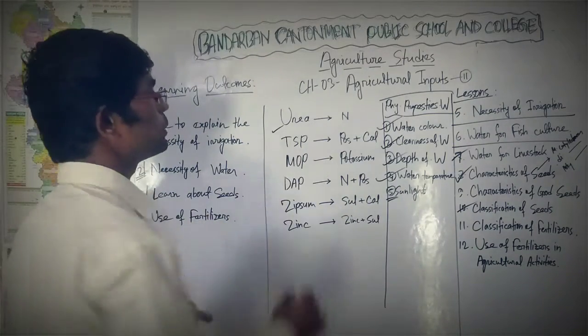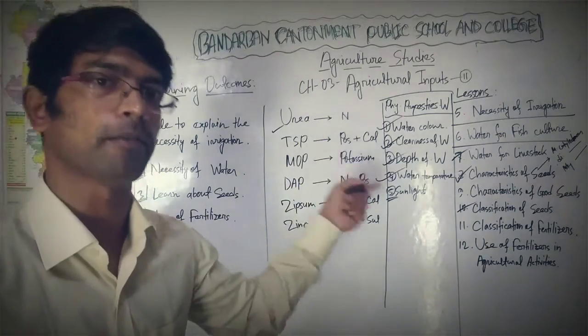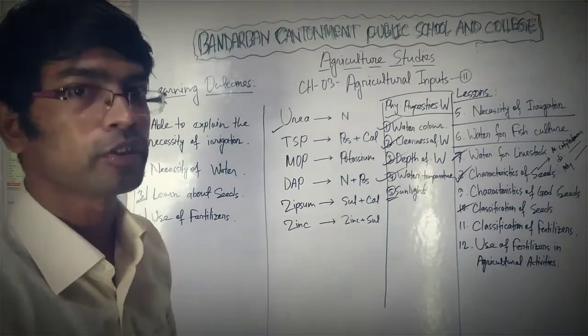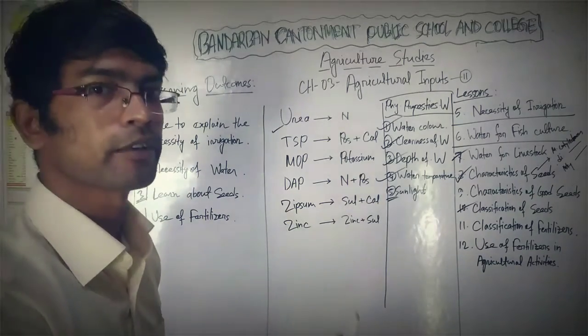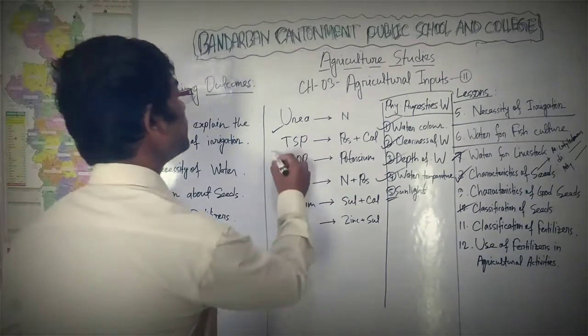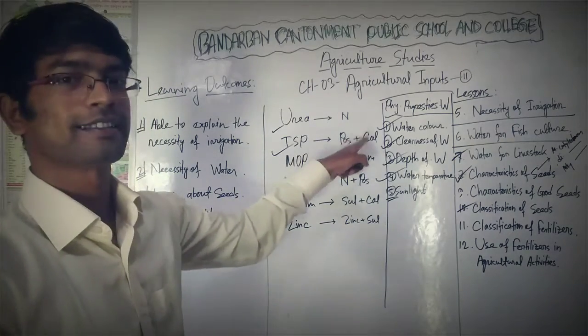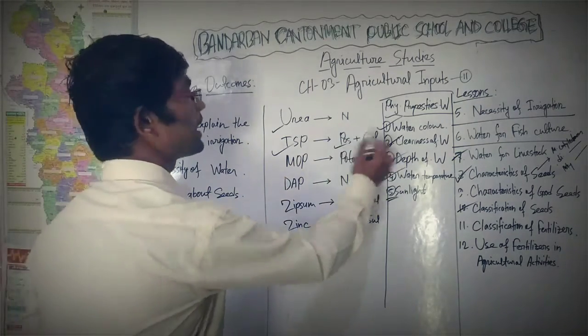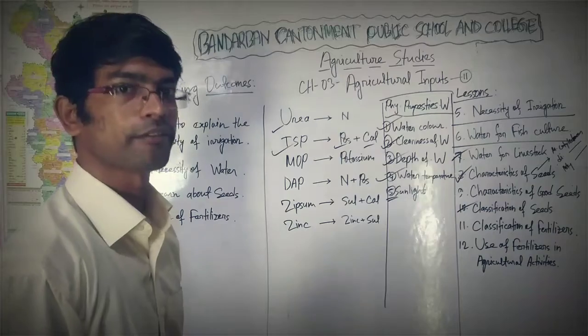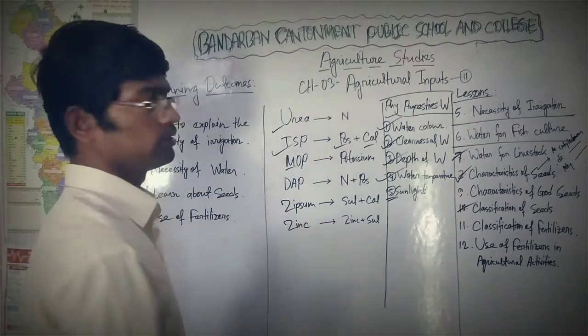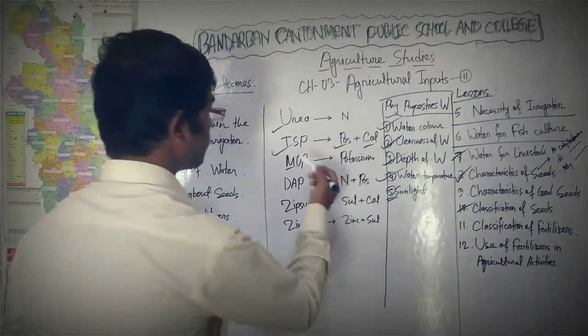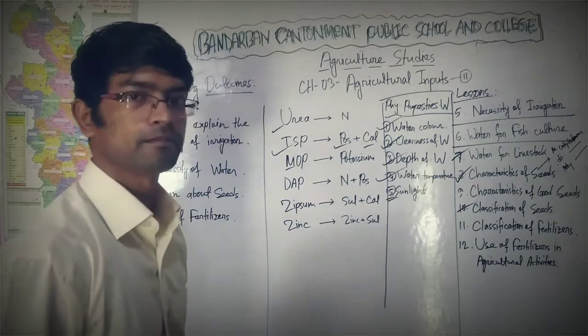Otherwise, please look at this part. This is urea. Urea supplies nitrogen to the plants, to the crops, for the betterment and good crops. And TSP supplies phosphorus and calcium to the plants in the field. MOP generally supplies potassium.